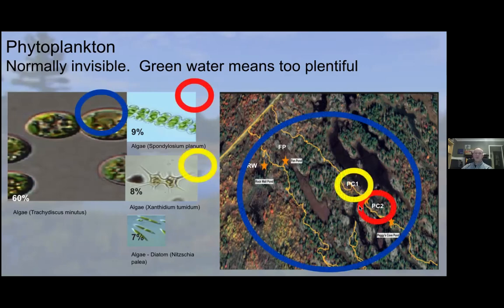Phytoplankton is super important. It forms the base of marine and freshwater food webs, and it's a key player in the global carbon cycle. So they account for about half the global photosynthetic activity and half the oxygen production, despite being only 1% of the global plant biomass. So super important role that phytoplankton has.